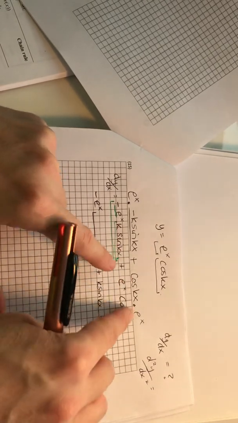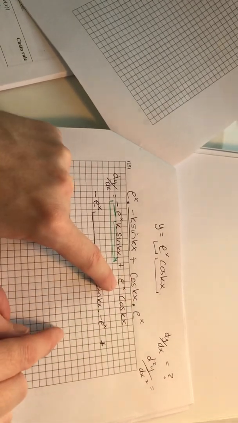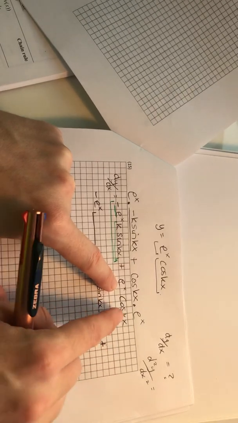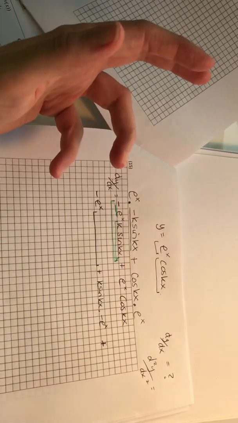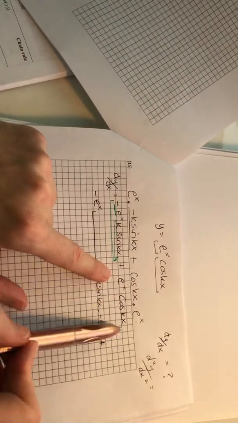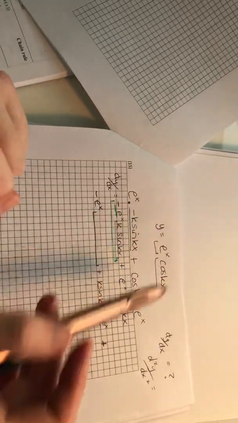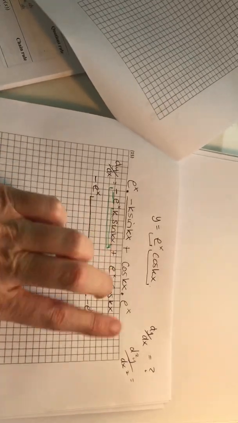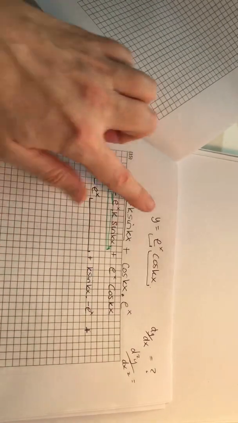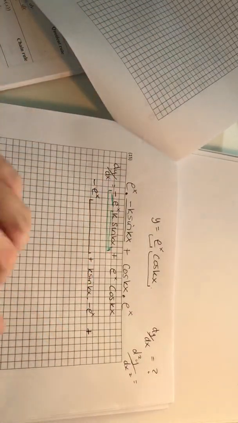Okay, that's the product rule again. u times dv dx plus v times du dx. Oh, actually, look. I've just done that. That exact bit that I'm now differentiating, if that's y, that's dy dx.